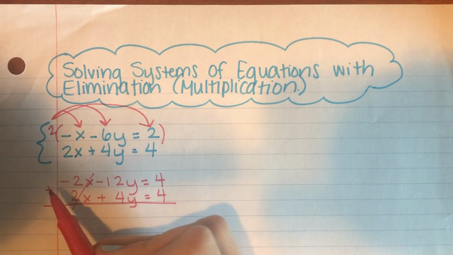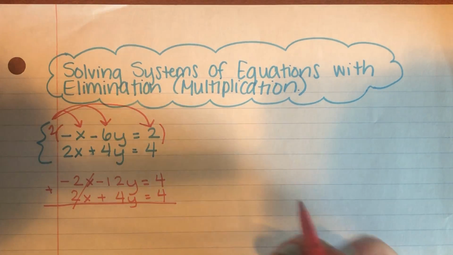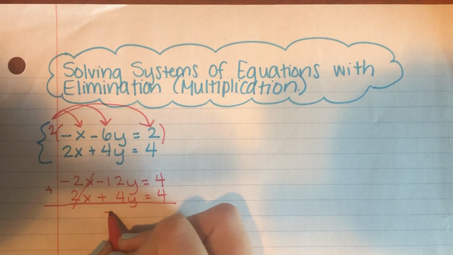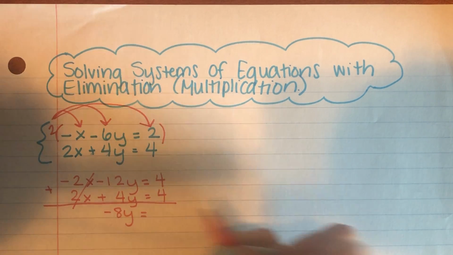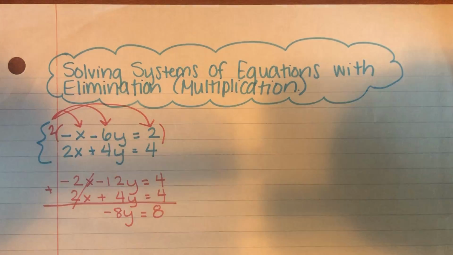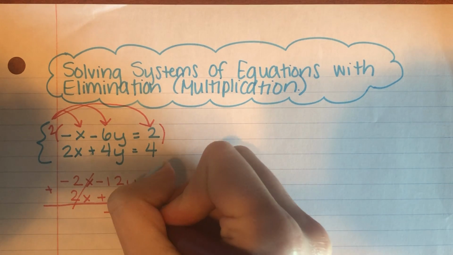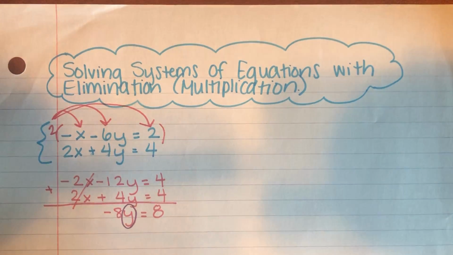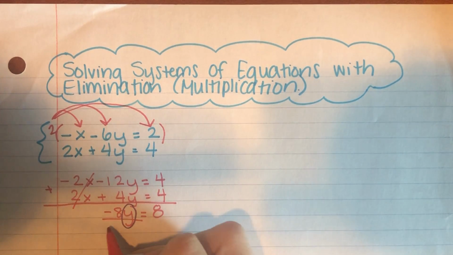-2x plus 2x is 0. -12y plus 4y is -8y. And 4 plus 4 is 8. Now from here, I can isolate my variable y by dividing each side by -8.